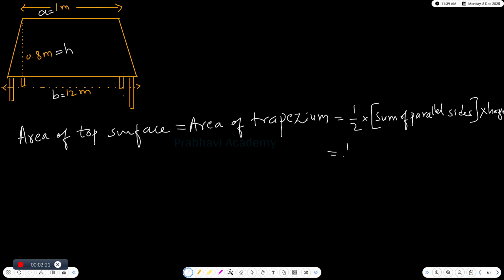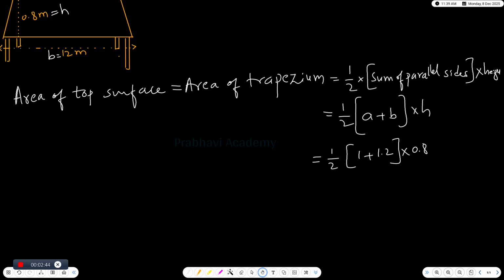Now half into sum of parallel sides is A plus B into H. That is equal to A is 1 plus B is 1.2 into H is 0.8.